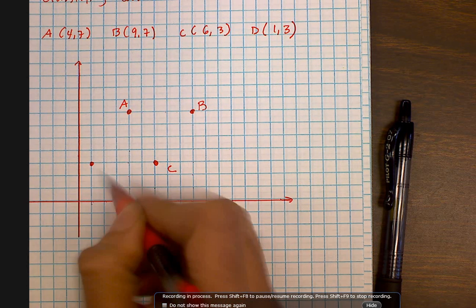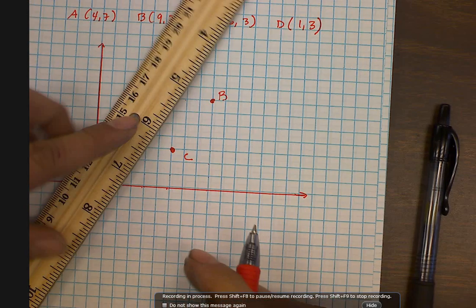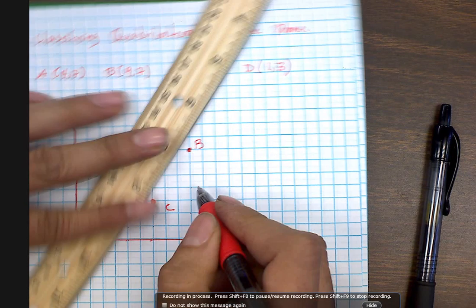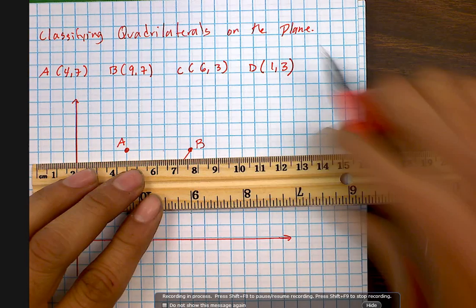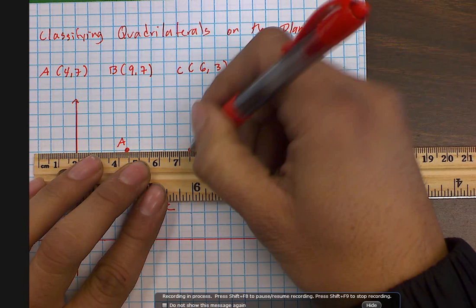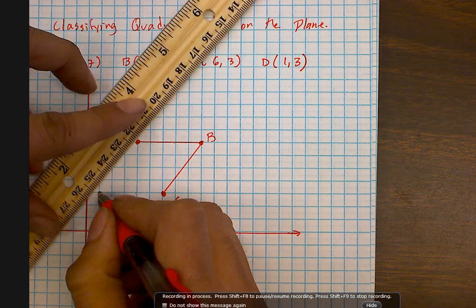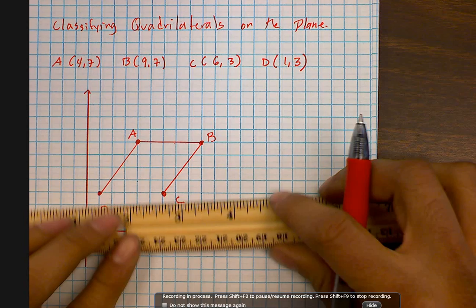Okay, so there's D. So when you look at this, you're gonna connect the dots. Make sure you're using the ruler, make it nice and neat. And so you're gonna connect the dots. Just like that.